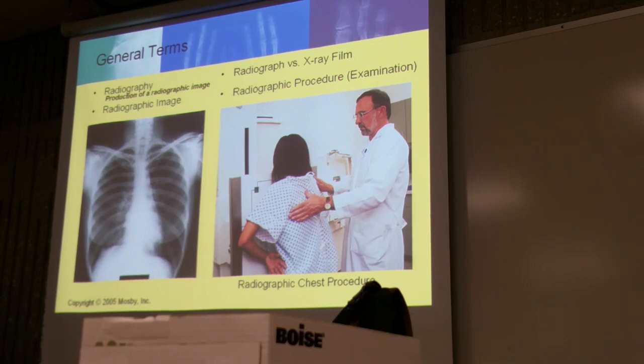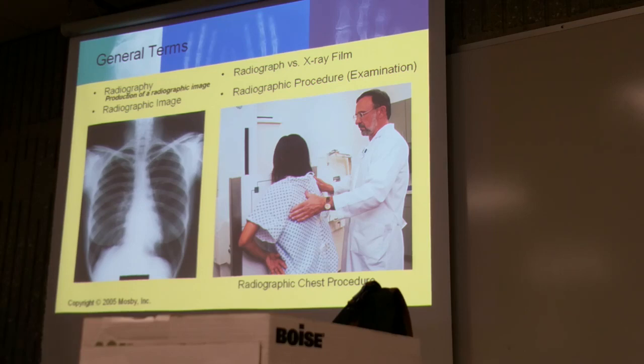And I was contesting that, you know, we kept going back and forth, should we keep the processor, should we keep the processor? I didn't want to let go of it because it's hard to teach theory if there's nothing to show you guys. Film was a good example of that. Anytime there were changes in your technical factors, your kV, your mAs, your distances, anytime there was a change or variation in those factors, you could see it radiographically.